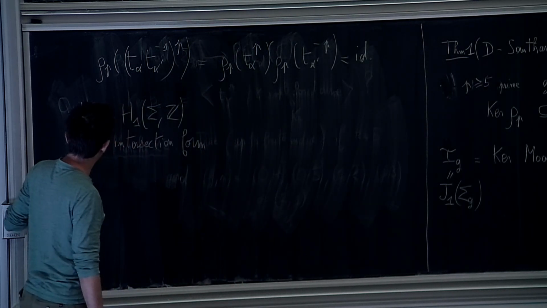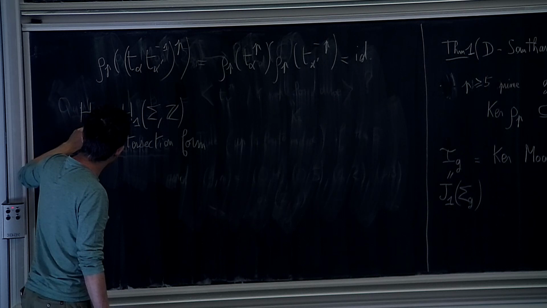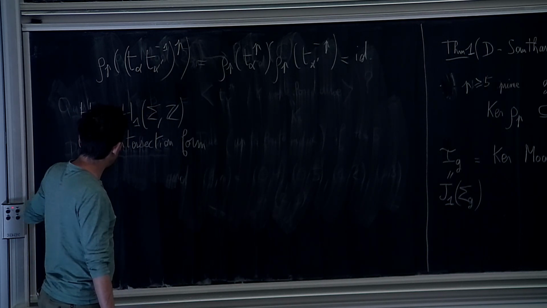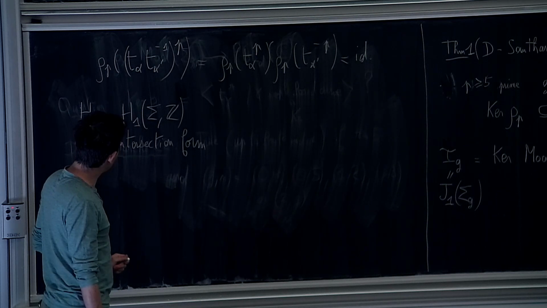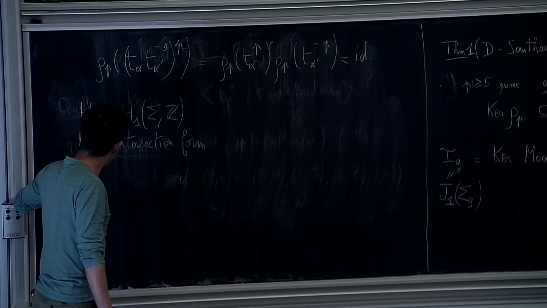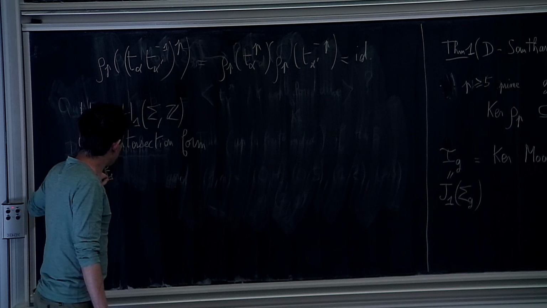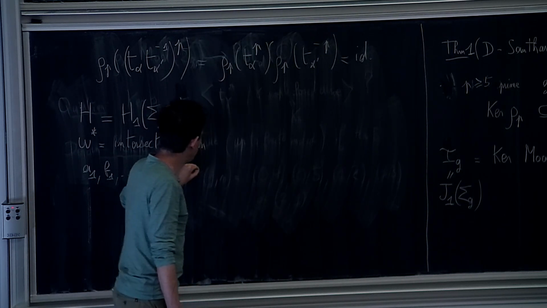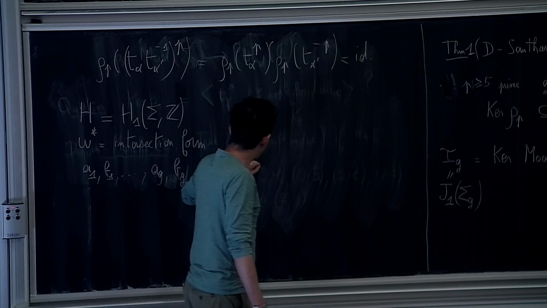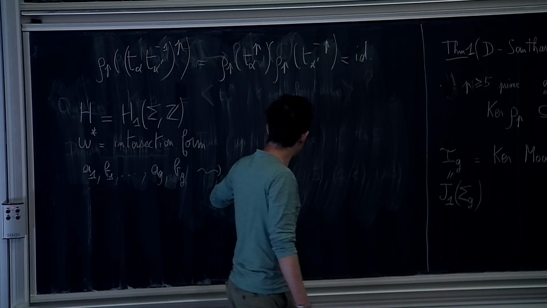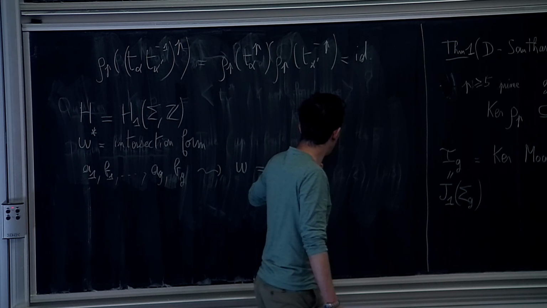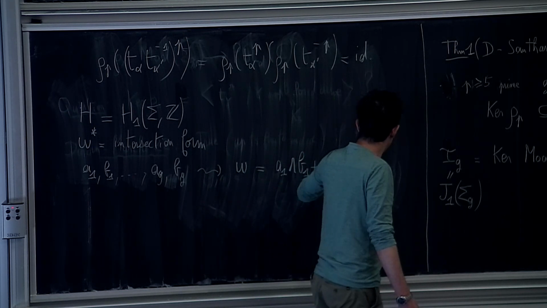And maybe I want to write it as omega joule for a reason that will be clear in a second. So with this intersection form, I can take any symplectic basis, A1, B1, ..., AG, BG, and I define an element of lambda 2 of H, which is A1 wedge B1 plus ... plus AG wedge BG.